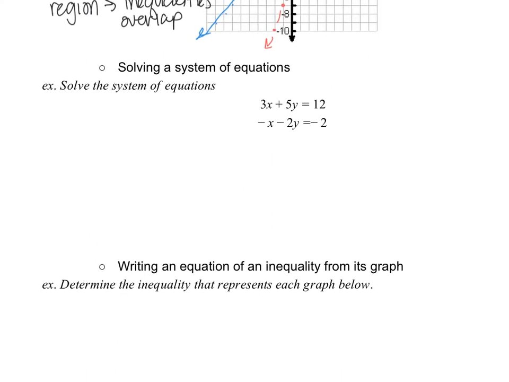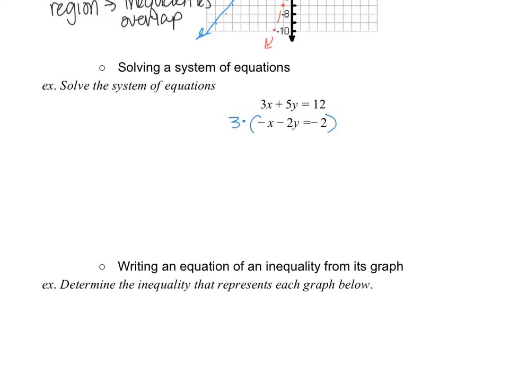Next, we want to solve a system of equations. So we can solve using substitution or elimination, and in this case, I'm going to use elimination because I have one variable that has opposite signs, and it's easy to multiply one of the equations so they have the same coefficient. In this case, I'm going to multiply the second equation by 3.